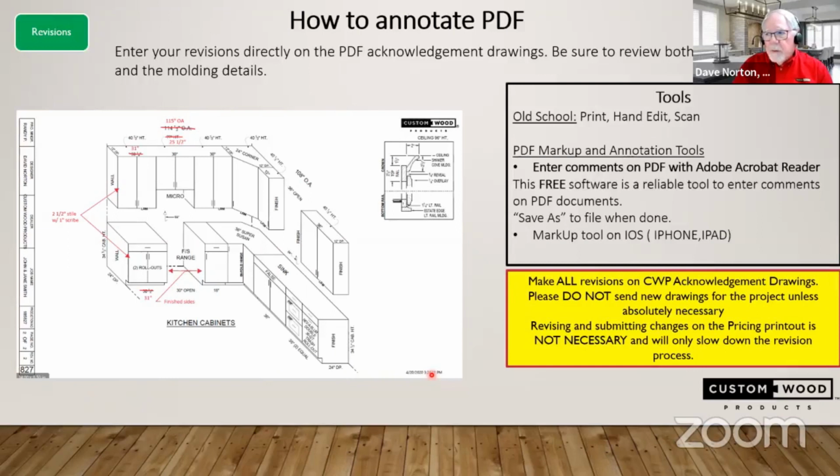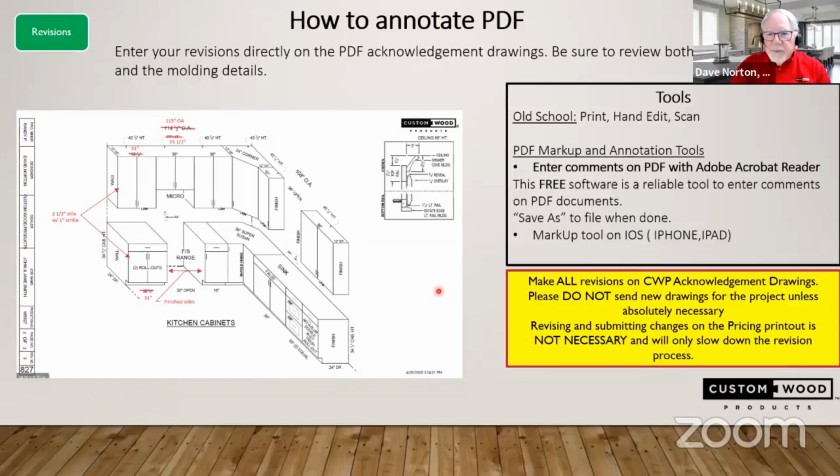You can also, using Adobe Reader and its comment option, put notes directly on a PDF that you've opened, which is how all of these notes have been added to this drawing. You can also use the markup tool in iOS if you're using a phone or an iPhone or an iPad.